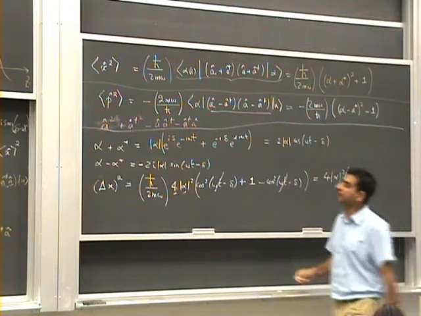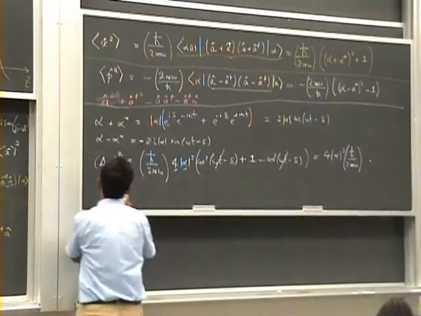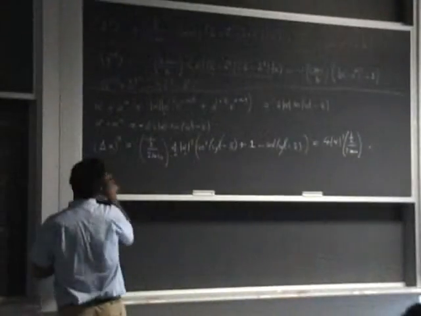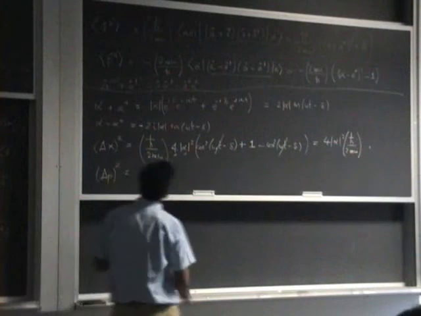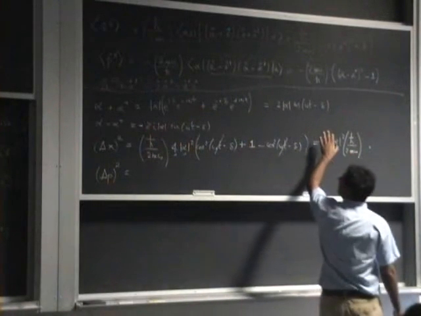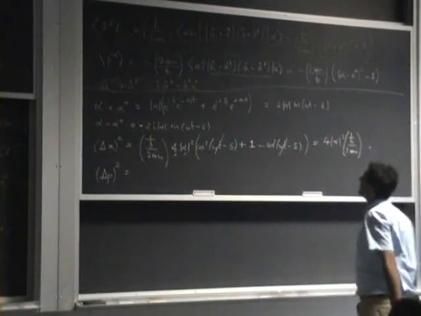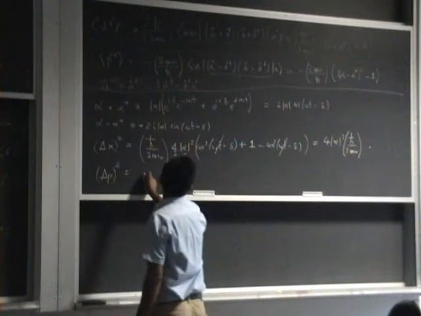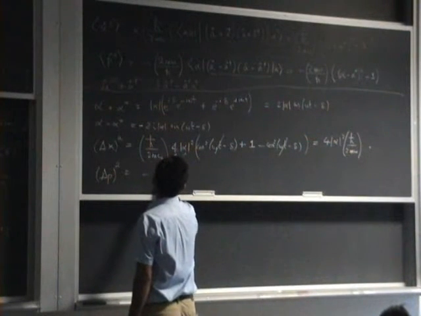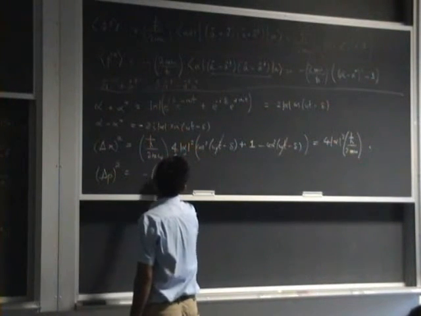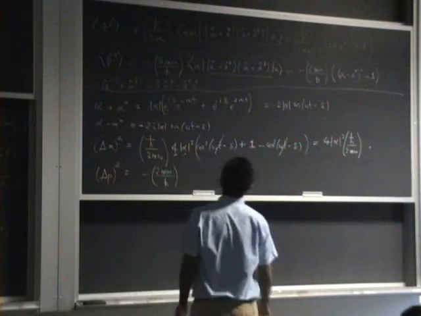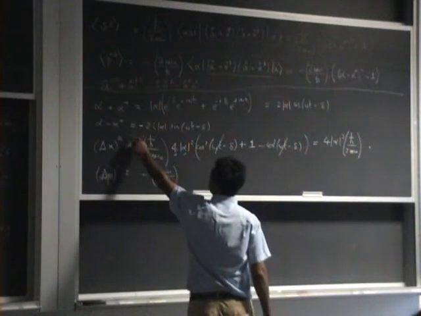Let's find out the square of the uncertainty in the momentum variable, delta p squared. Delta p squared is just this term, minus 2m omega over h bar. Instead of alpha minus alpha star, I put this.